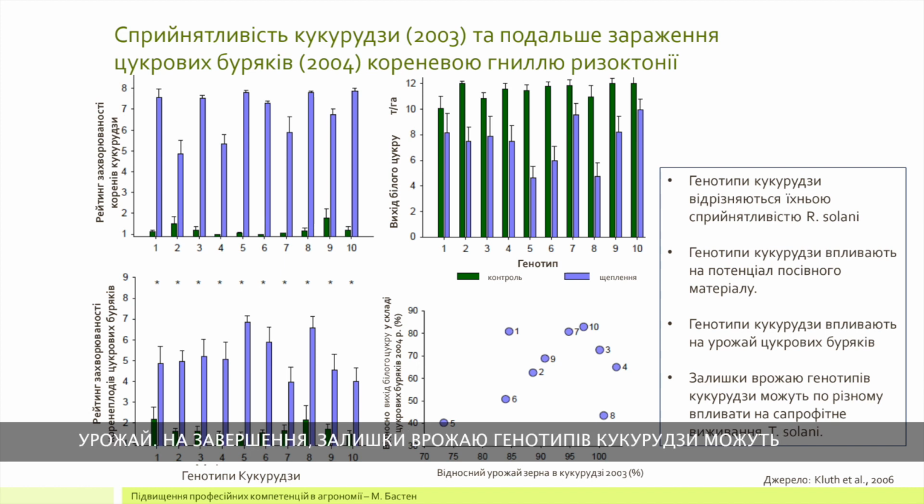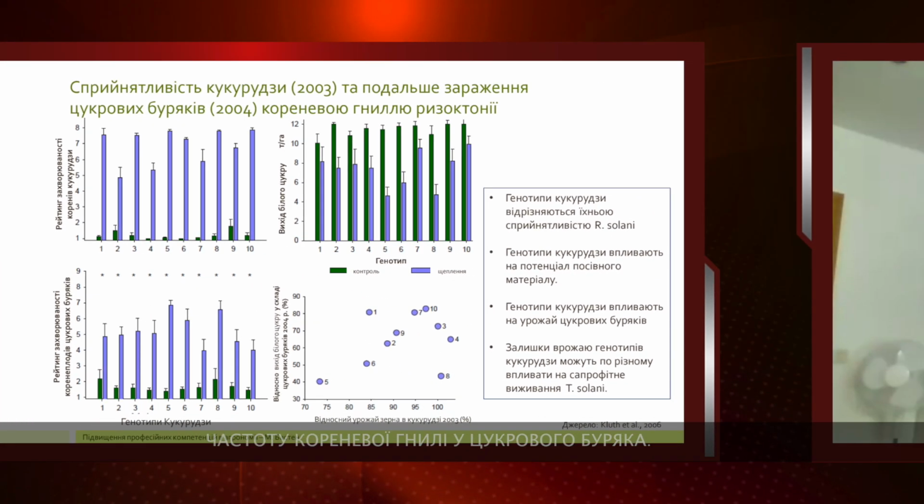So in conclusion, harvest residues of maize genotypes might differentially influence the survival of Rhizoctonia solani in soil. And if we know about the correlation between this and the potential of building inoculum of different maize varieties, we can also reduce the incidence of root rot in sugar beet.